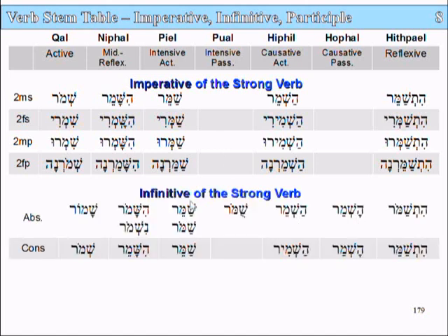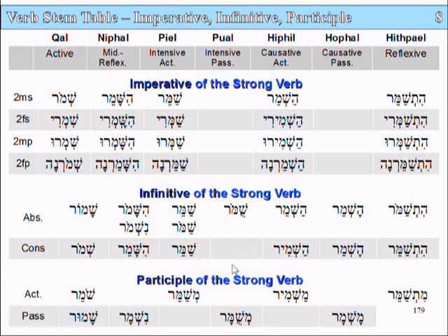And we have the infinitive of the strong verb, the absolute and construct. And we have the participle of the strong verb also, and all the active and passive, and all the various verb stems.